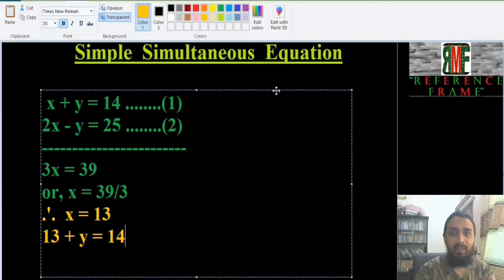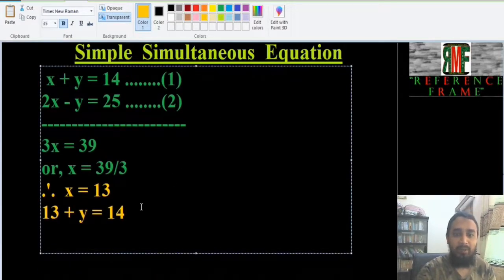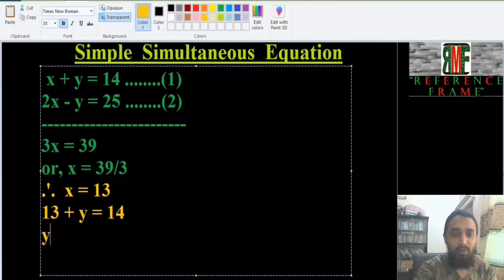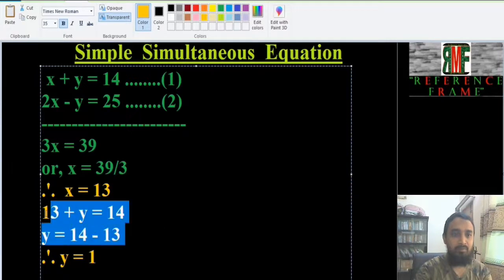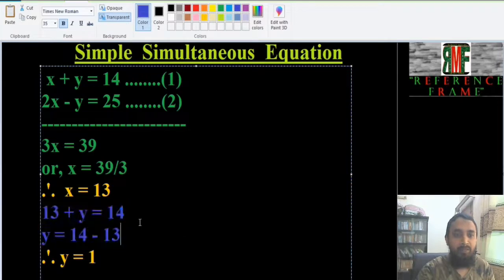Therefore y is equal to 14 minus 13. Therefore y is equal to 1.